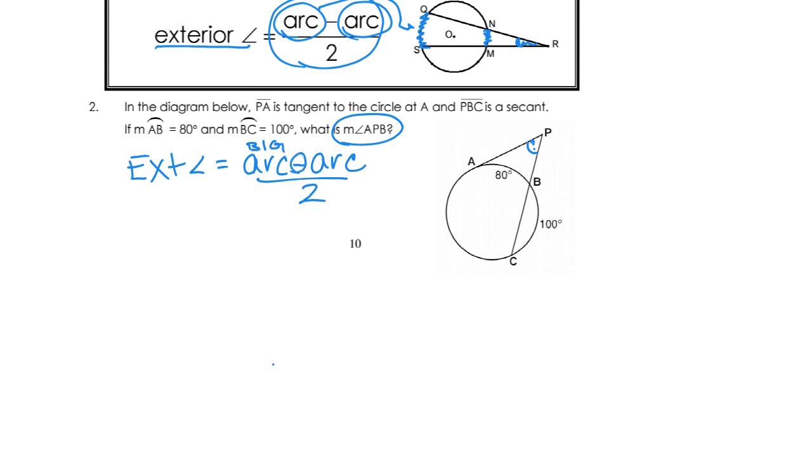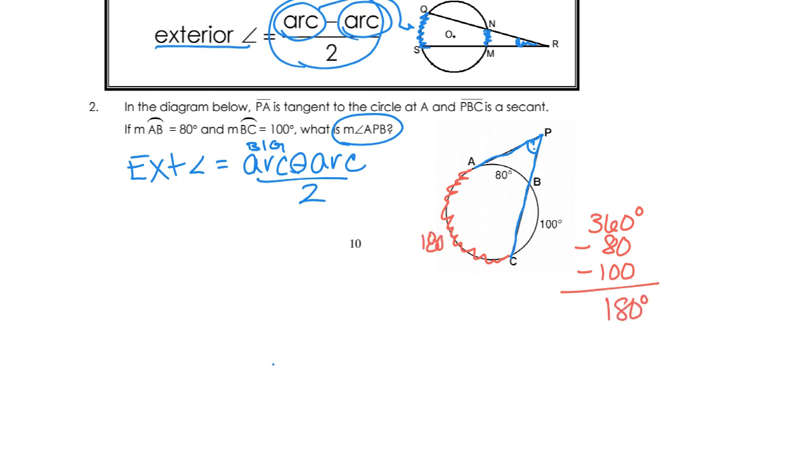So in this one, when we follow the sides of the angle out, this here is that big arc, and we're missing it. But if you're smart, we can see that the circle is 360 degrees. One of the arcs is 80, and the other arc that finishes up the circle is 100. And so whatever's left over has to be the arc that I need for my formula. So 360 minus 180 would give us 180.